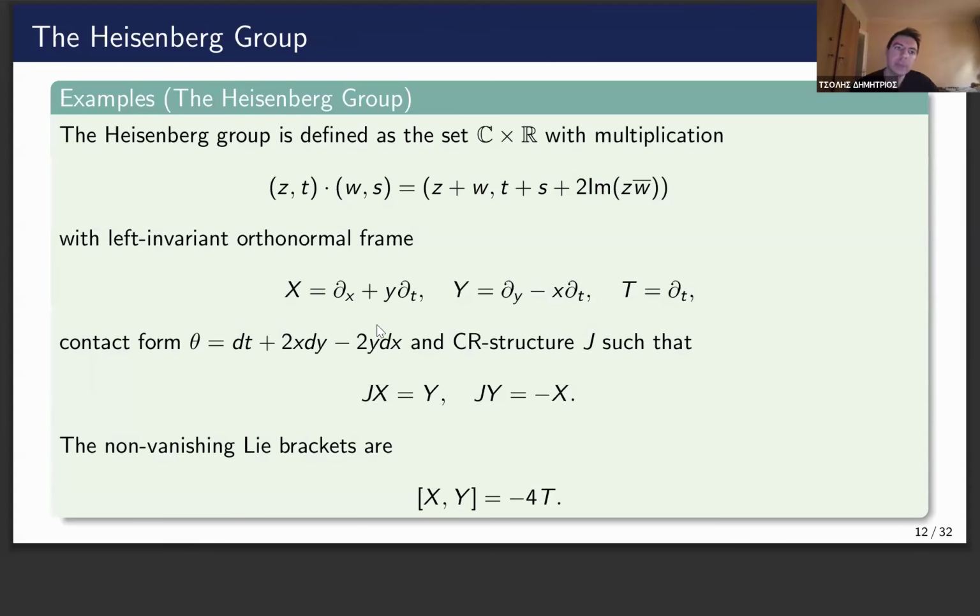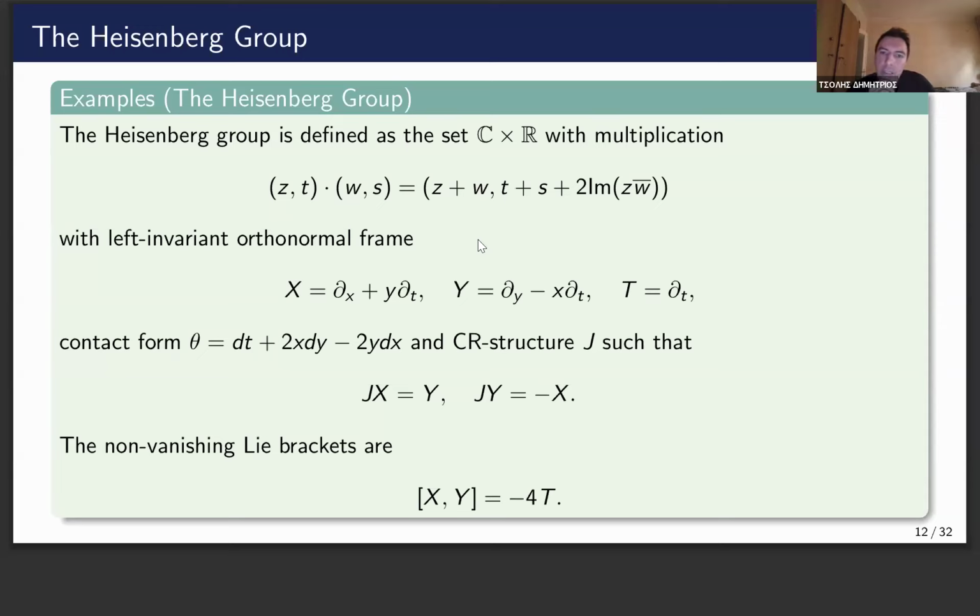So the first example is the Heisenberg group, which is defined as follows. It's just a Lie group, which is the product of the complex plane with R, and has this multiplication rule. So first, the first 2 elements we just add, and the second we add, and we add 2 times the imaginary part of this thing.